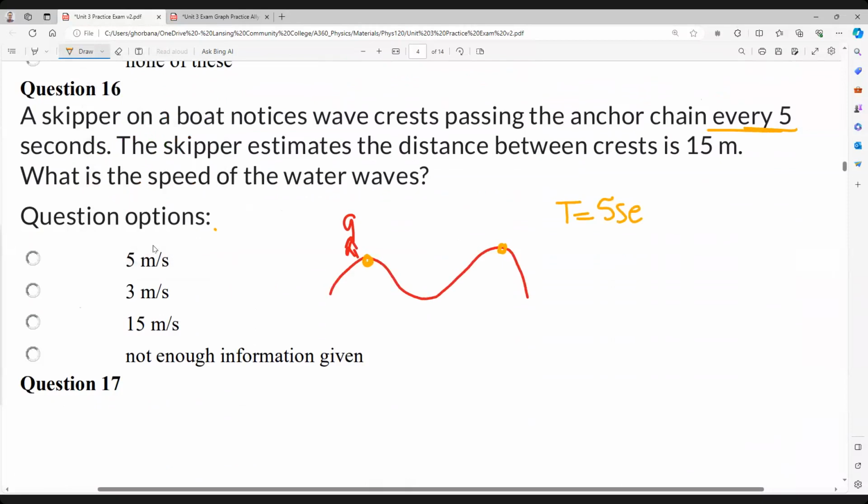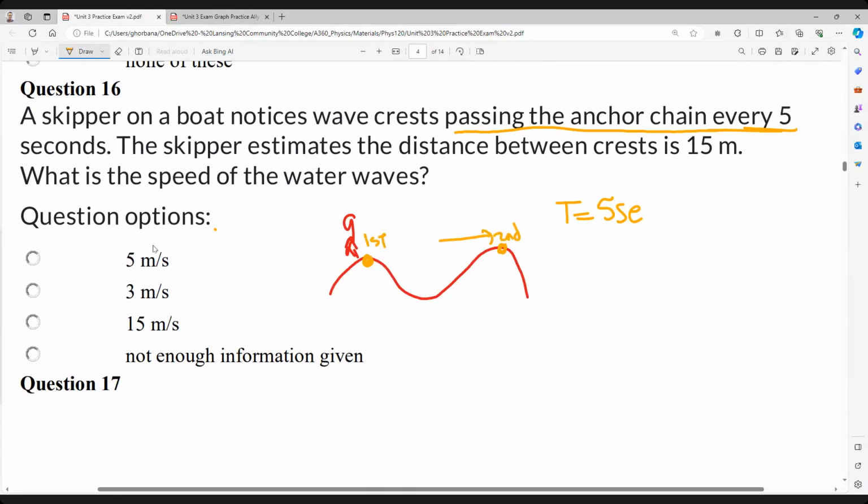This is the meaning of the period. The skipper experienced two crests, the first crest and then the second crest.